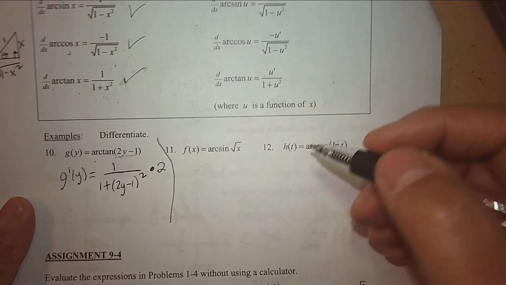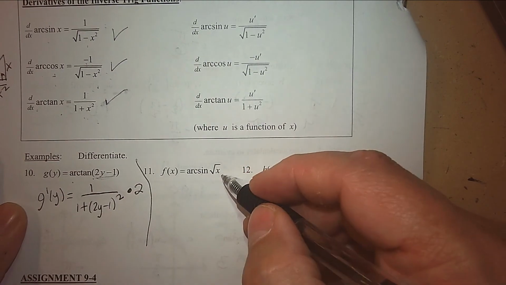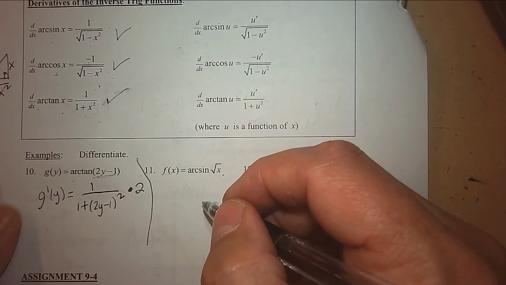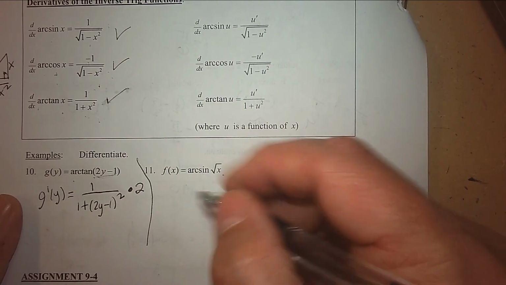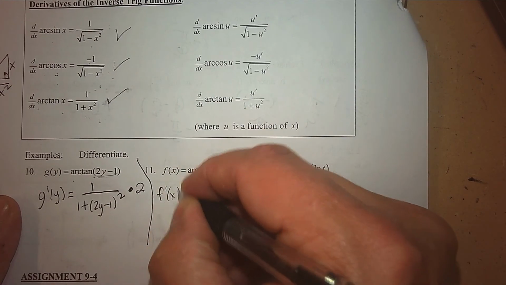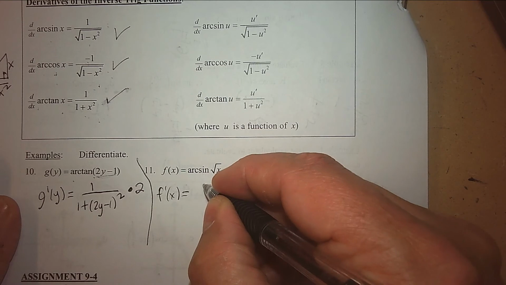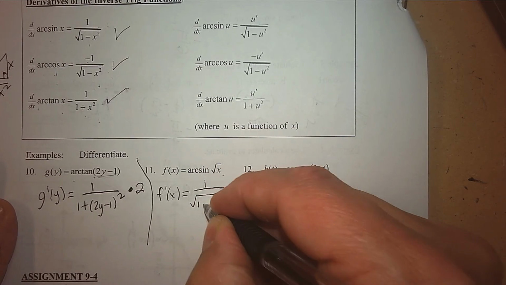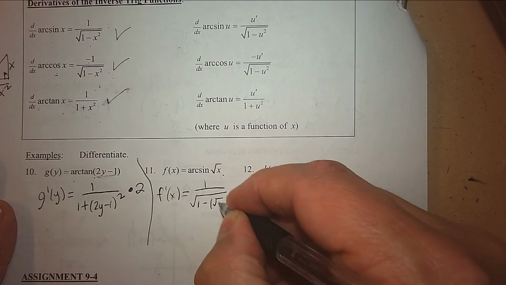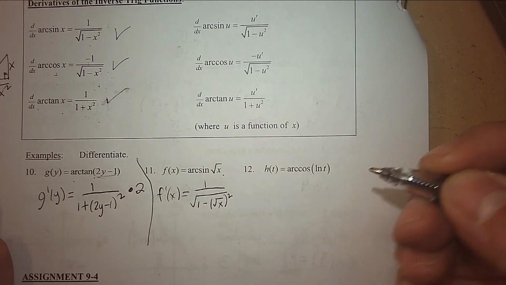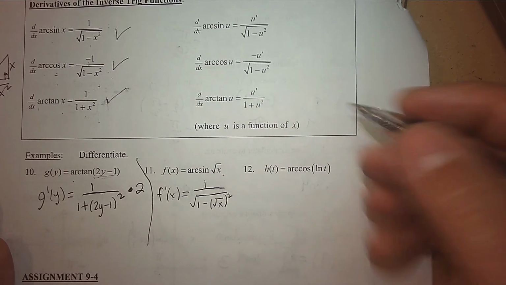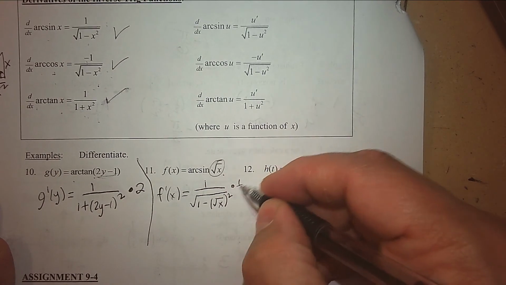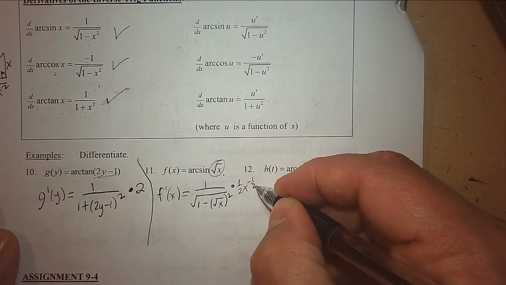Let's try the next one. Rule follower. Arc sine root x. So what's the rule that we need to do here? So the rule for the derivative is 1 over the square root of 1 minus whatever's inside there, root x squared, and then the hook. And the derivative of root x is 1/2 x to the negative half.